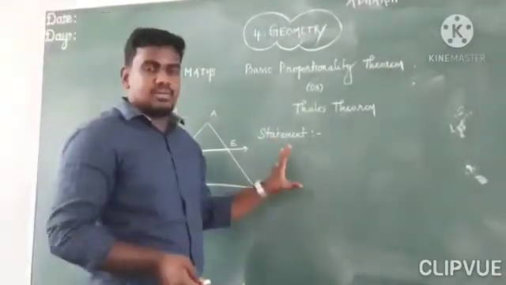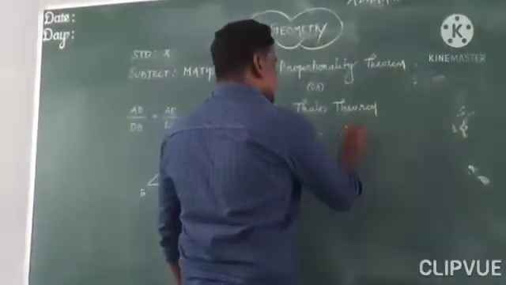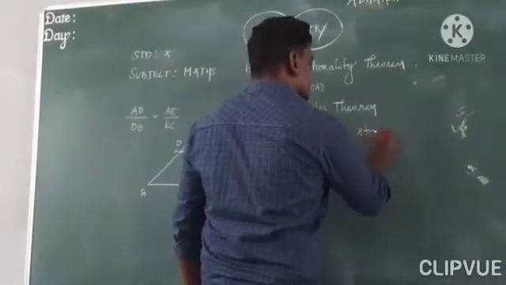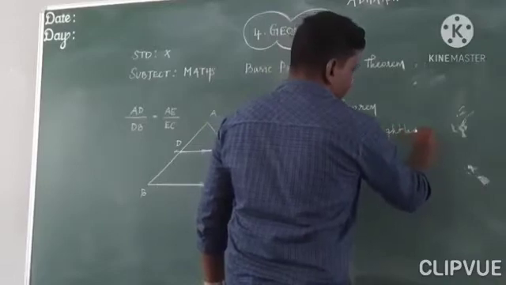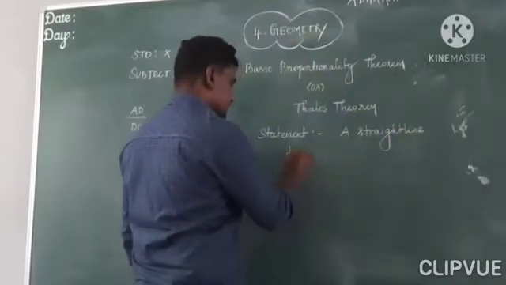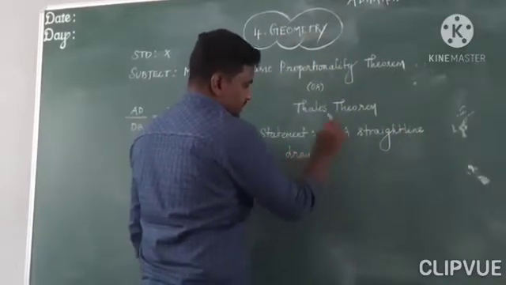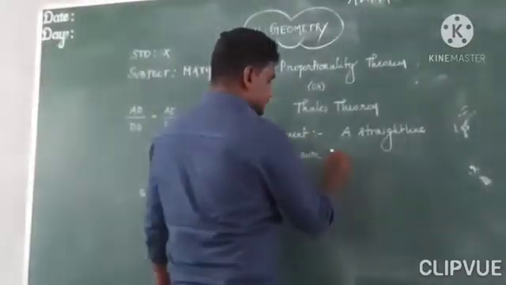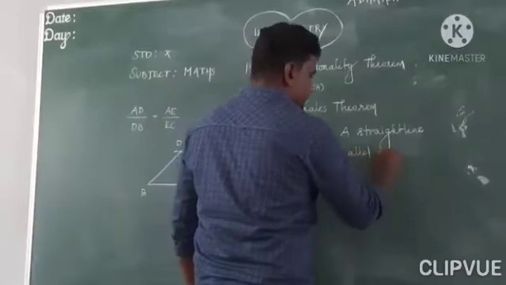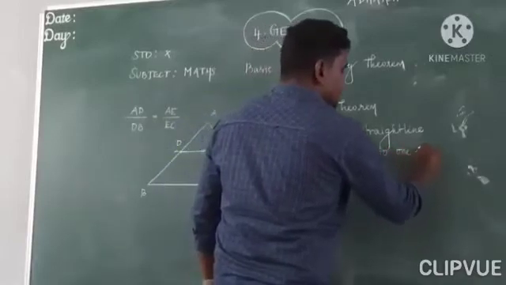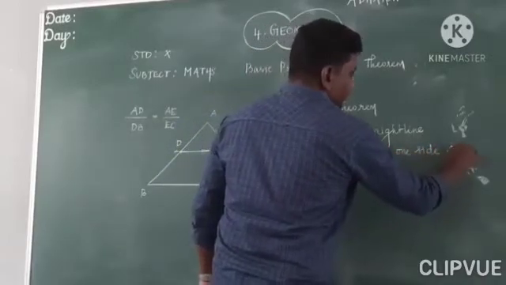Okay, first the statement. A straight line drawn which is parallel to one side of the triangle.